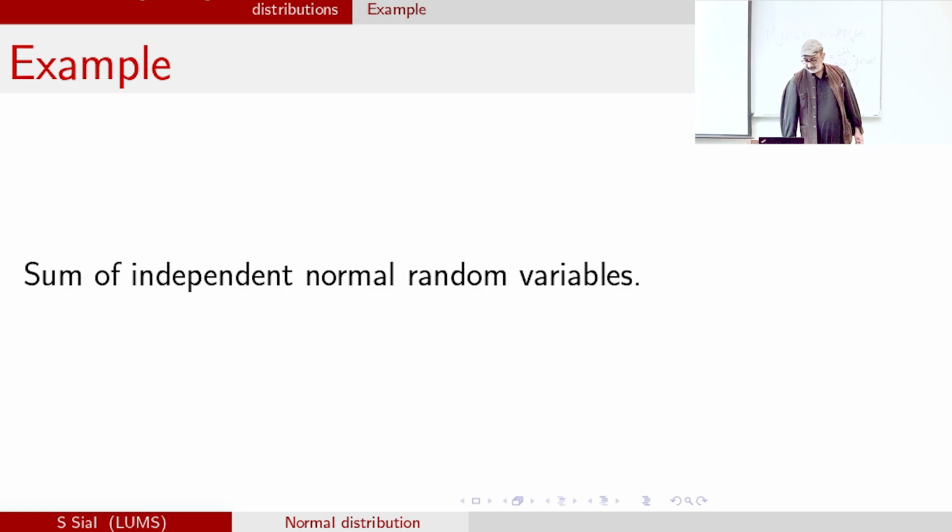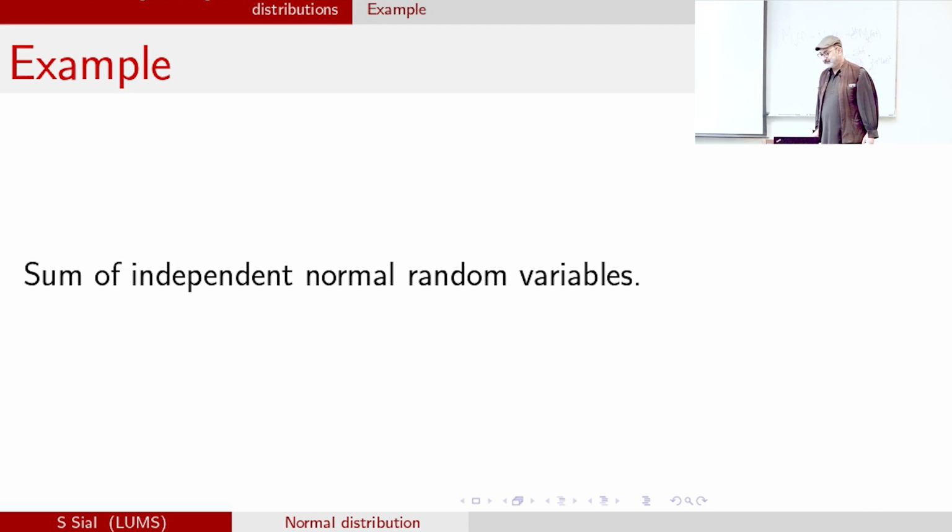Well, let's look at another problem involving normal random variables. Supposing x is normal and y is normal, and they're both independent. What does independent mean? Their joint PDF is the product of the individual PDFs.